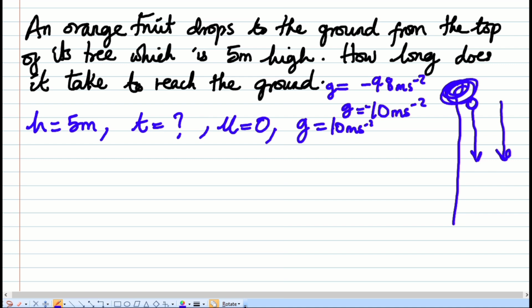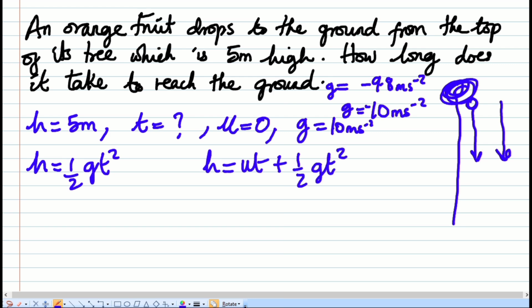If you remember, we said that anytime we have a height and the initial velocity is 0, we can use the formula h = ½gt². Basically, the full version of this formula is ut + ½gt². But since u is 0, u times t is just 0, so this will cancel out.